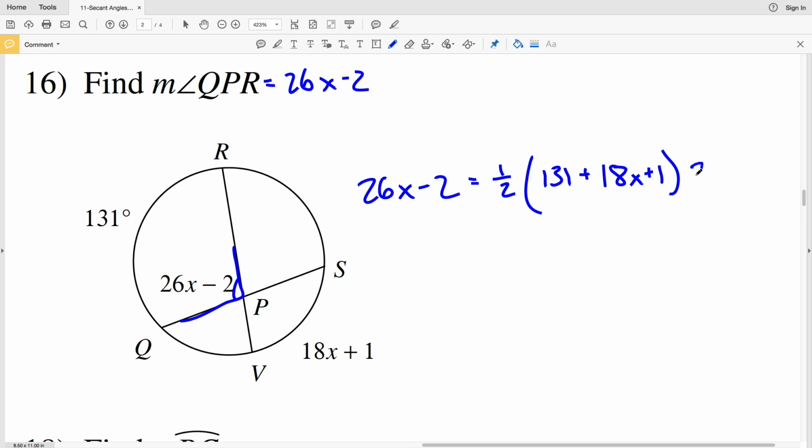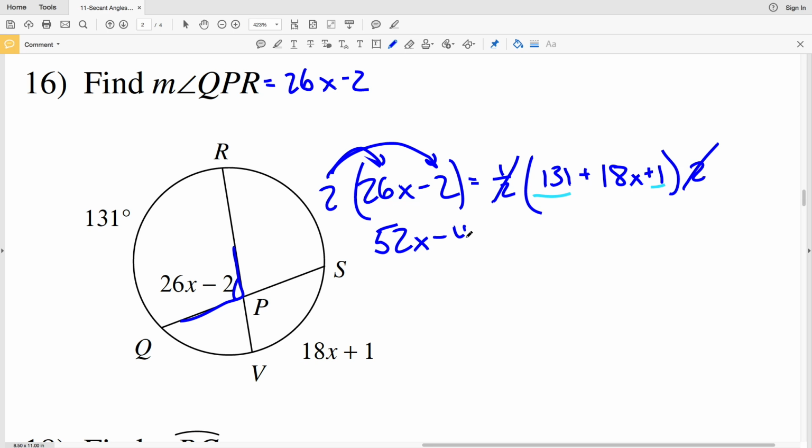Now I'll start by multiplying both sides by 2, and in doing so I'll have to distribute the 2, and then I'll also combine like terms. So 2 times 26x is 52x, and we're subtracting 2 times 2, which is 4, and that's equal to 131 plus 1, 132, plus 18x.